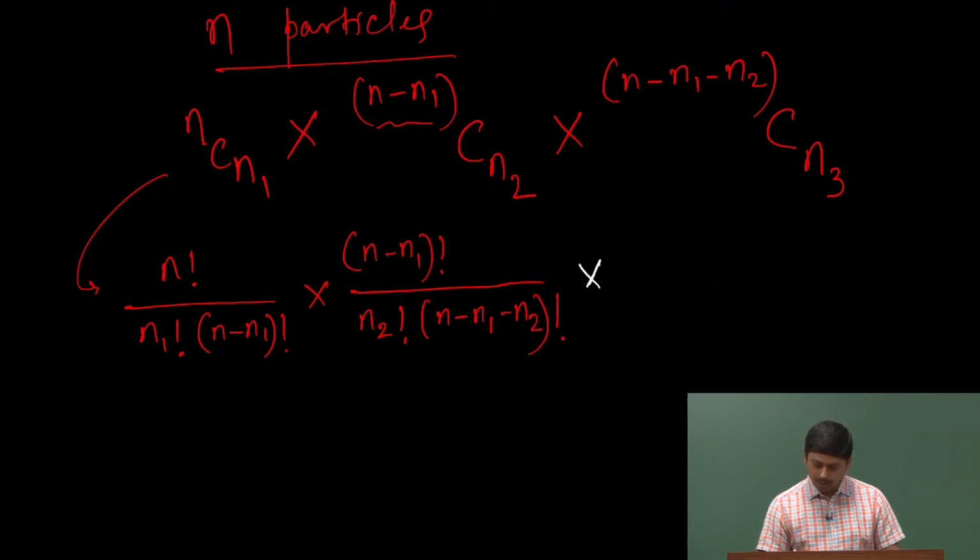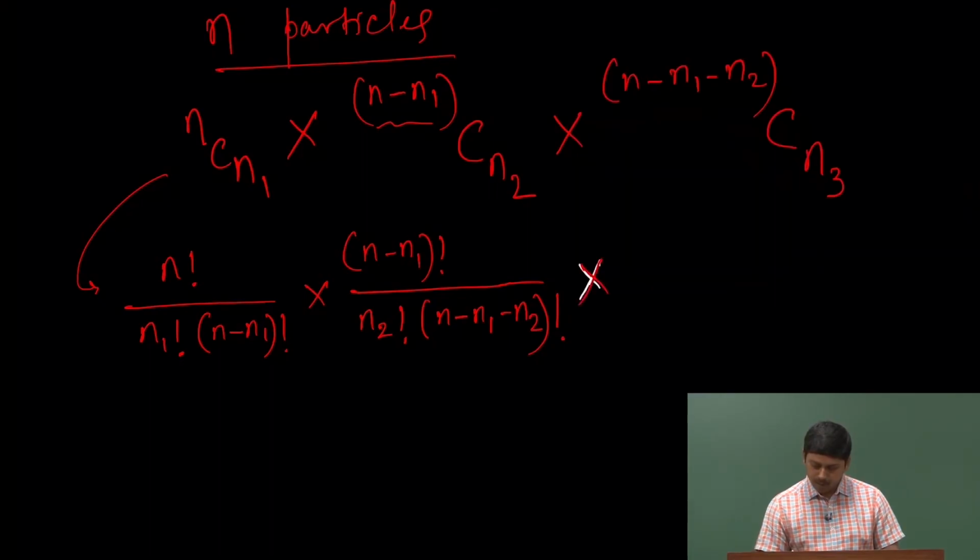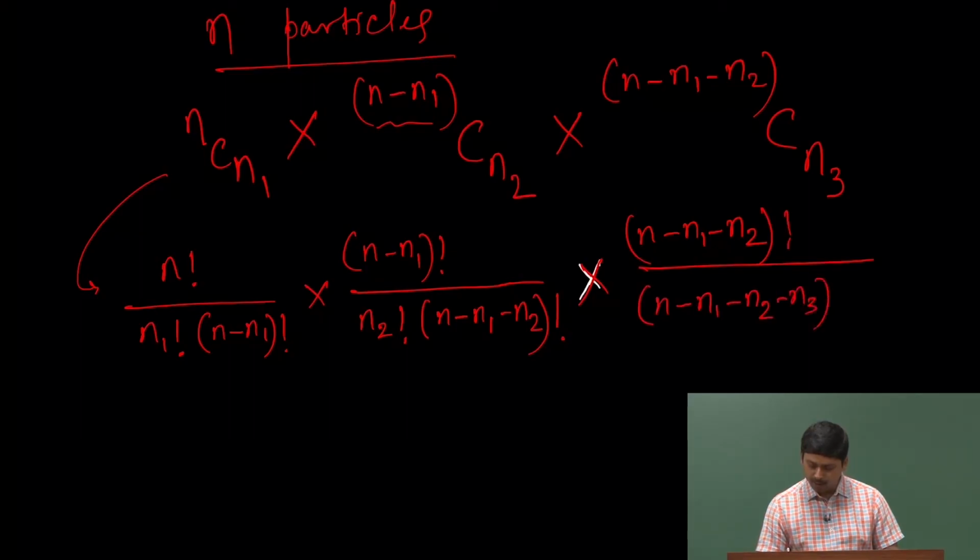Now, in the third case I have (n − n1 − n2)! divided by (n − n1 − n2 − n3)! multiplied by n3!. Okay. This is clear.